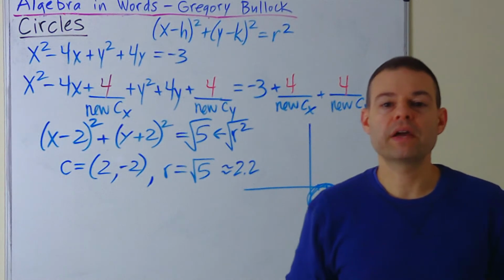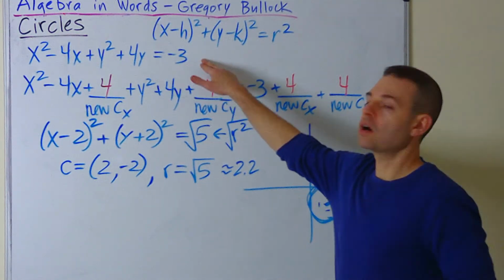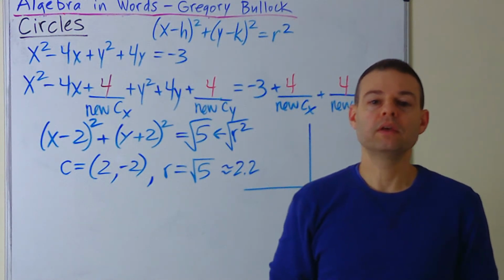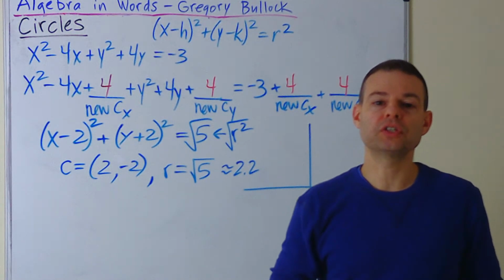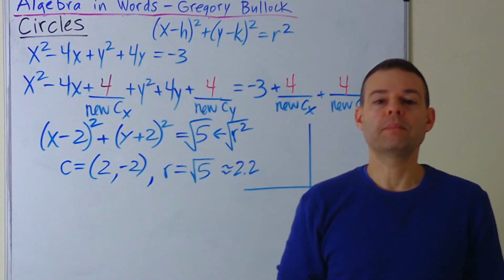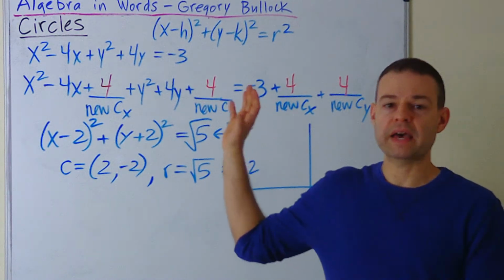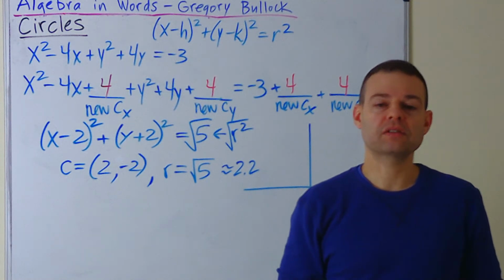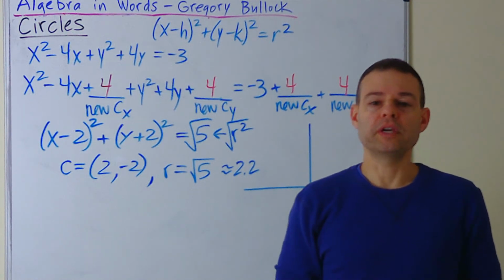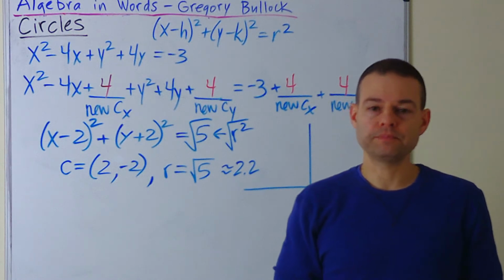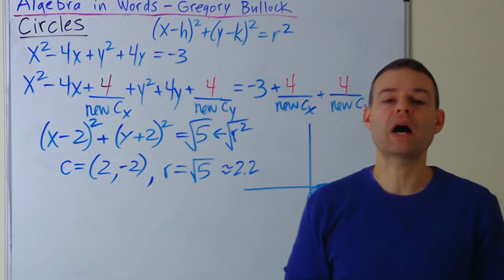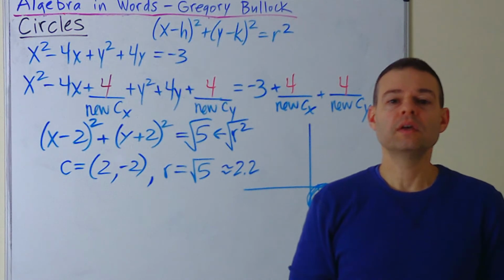But to reiterate what we did here, we started with an equation of a circle that was not in standard form. But then we did a conversion to make it into standard form by clustering the x's together and the y's together. And then to both the x's and the y's separately, we applied the complete the square method. I like to leave a space for the new c for the x and the y on both sides.